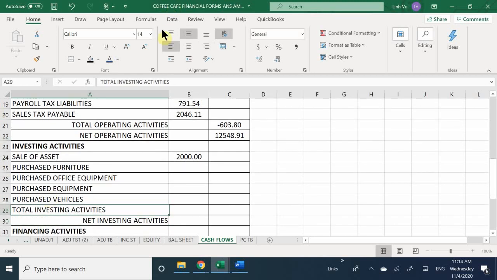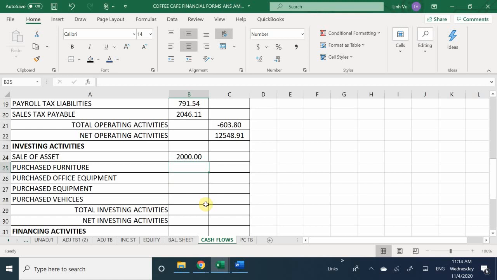So here we need to get the historical cost of our total furniture as well as our total office equipment, etc., etc. And because we made a purchase of it, it's going to be negative, all right? Because it's money we don't have anymore. We've spent it in order to invest in our company.